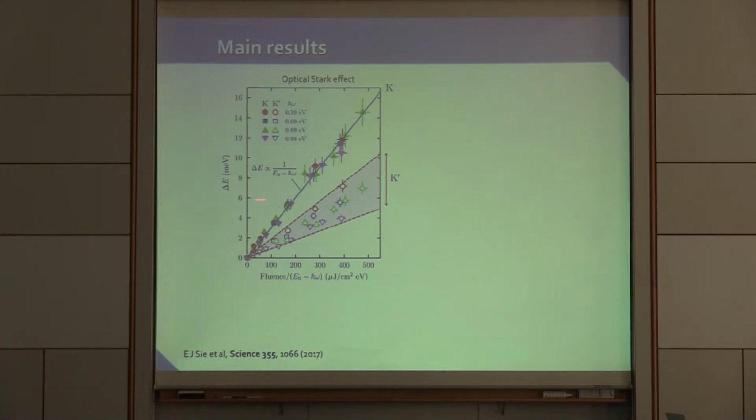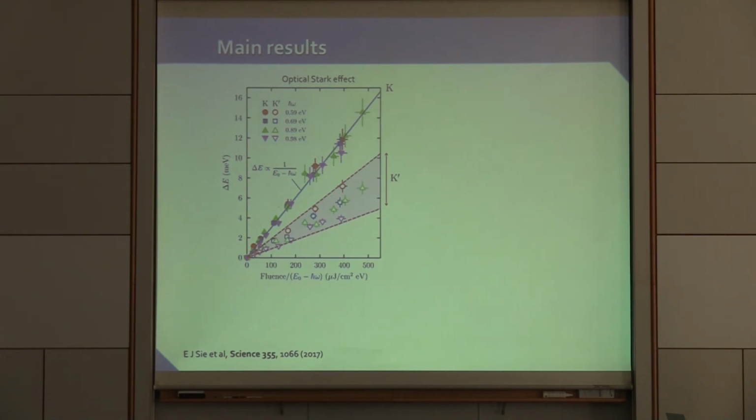This means that this has a proportionality of 1 over the detuning, which is the optical Stark effect. But for the K prime values, all the open symbols, all the different colors of the pump photon energy, are scattered into all different places. So this means that at the K prime value, the energy shift is not arising from the optical Stark effect. It must be something else.